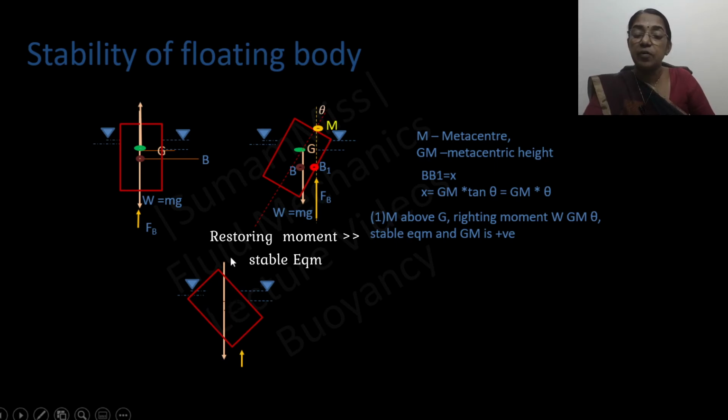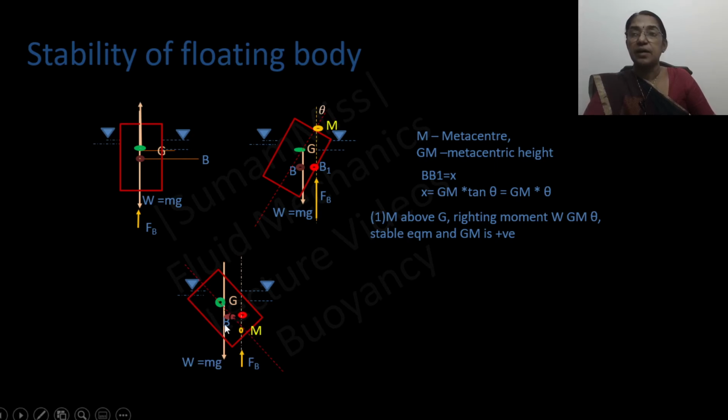But if the floating body is tilted in this manner, there is no change in the position of the center of gravity, but due to the change in the shape of the displaced volume, the center of buoyancy is now changed to B1. If you draw the vertical through B1, it will cut the axis joining the center of gravity and the old center of buoyancy at a point M, the metacenter.